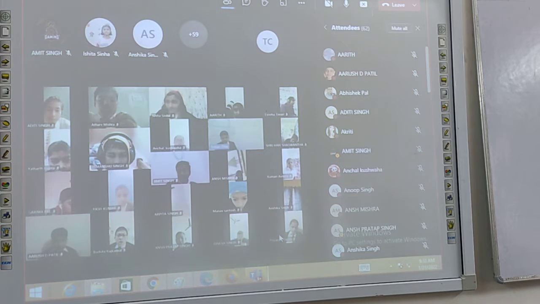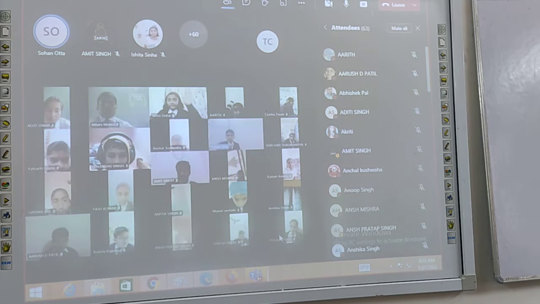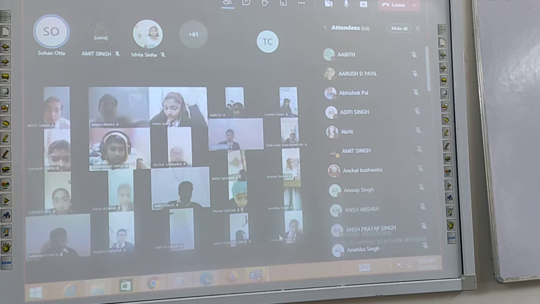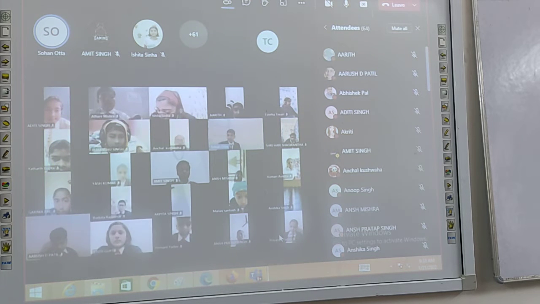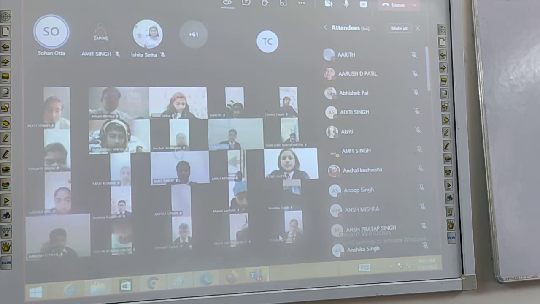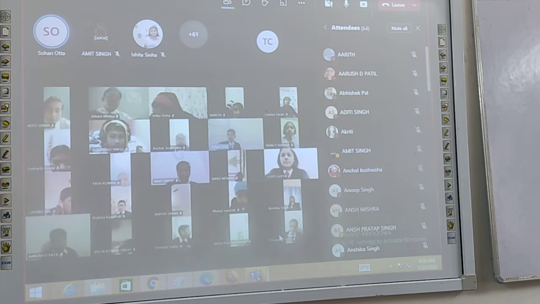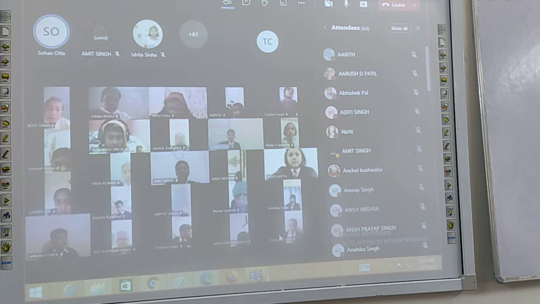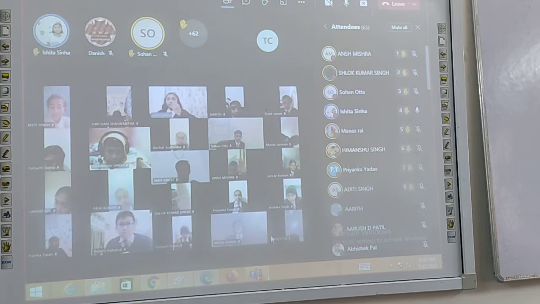Yes, ma'am. Ma'am, compass has a needle, which is made up of magnet, and it points towards the north pole of the earth. So that's why we will get the direction. Ma'am, the compass is used to find direction because in the compass there is a needle, and the needle is made up of magnet, and the magnet always shows the north and south direction.